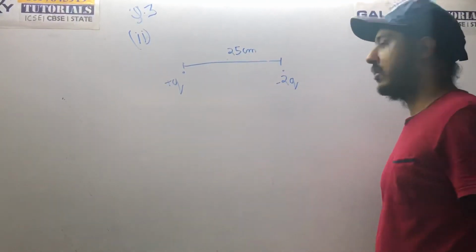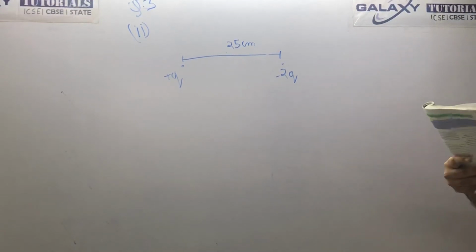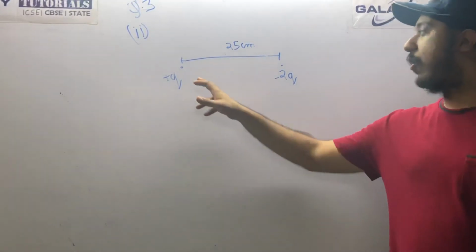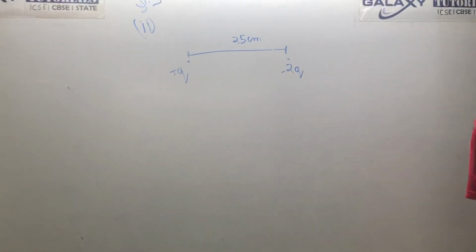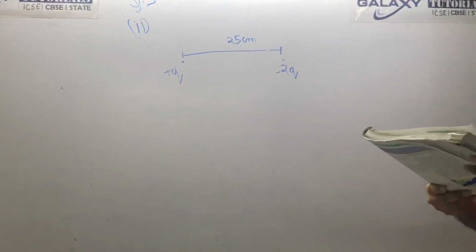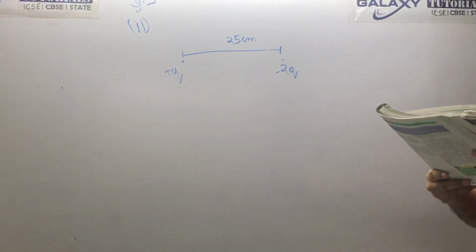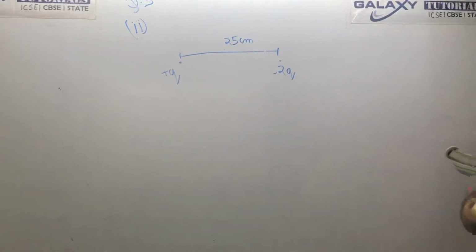The distance is 25 centimeter. Okay, and the charge plus q exerts a force of magnitude minus 0.2 on the minus 2q charge. So what they are talking about here is the plus q charge exerts a force of minus 0.2 Newton on another charge minus 2q.